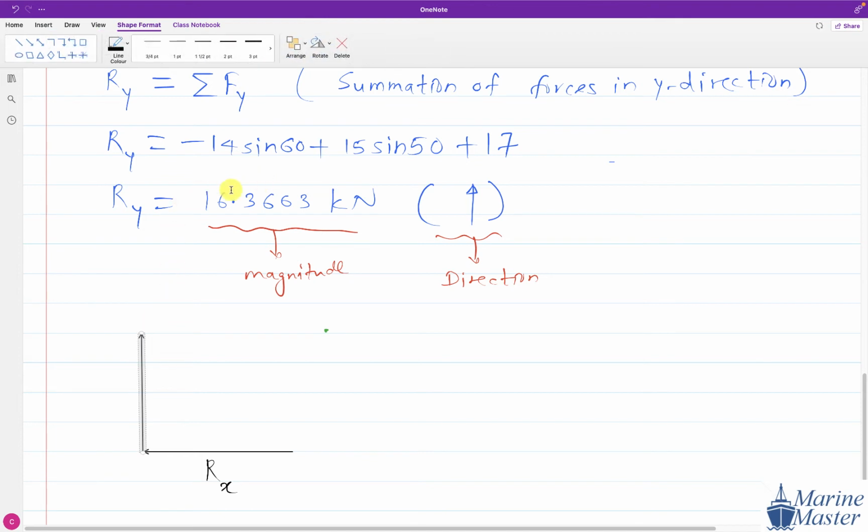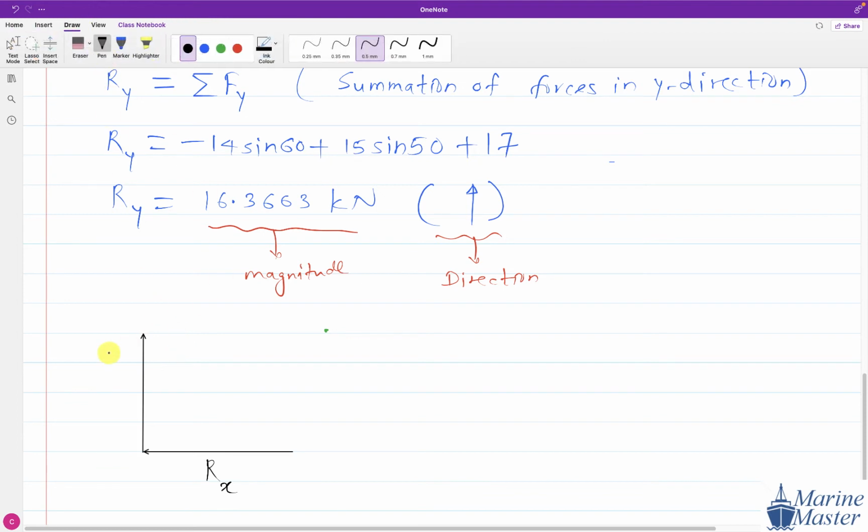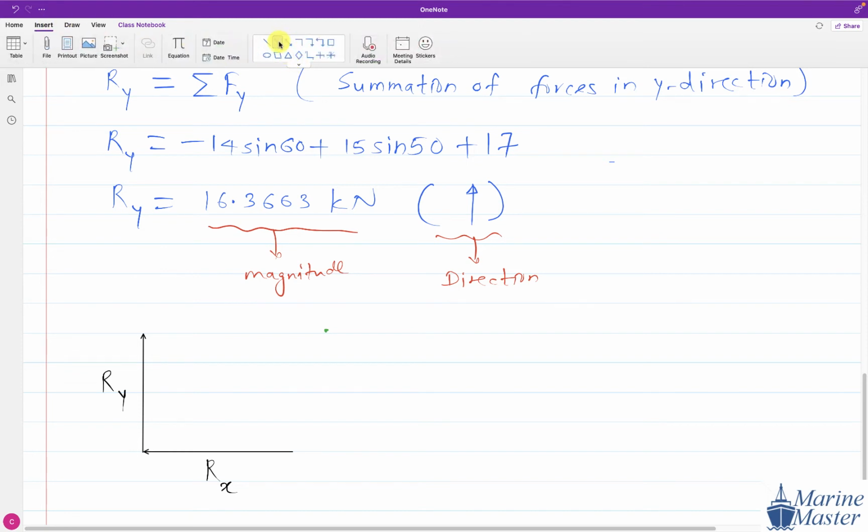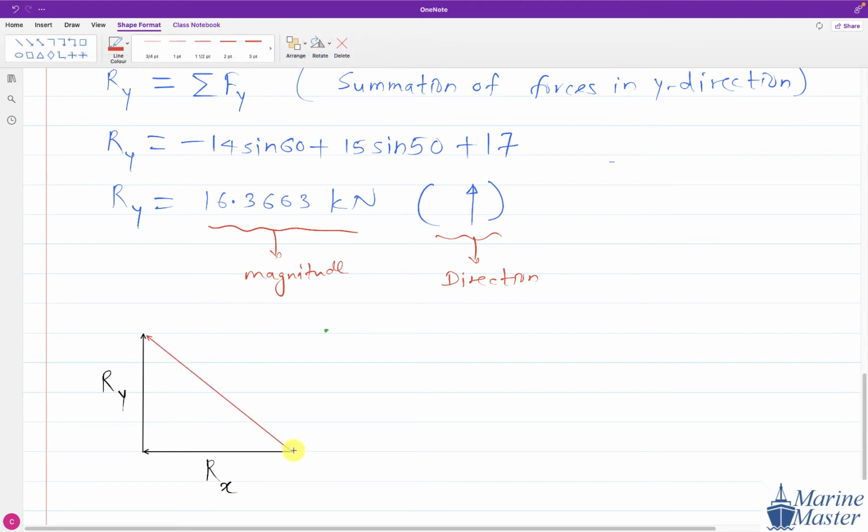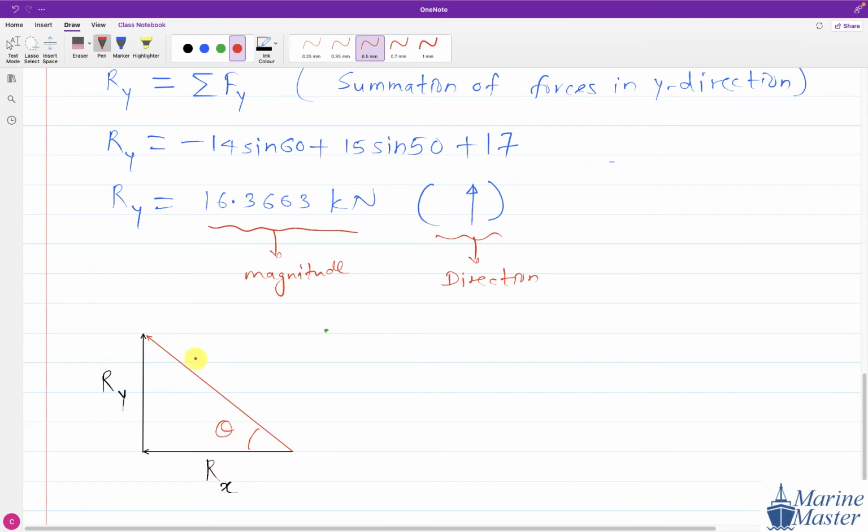Ry will be in the positive y direction, so upward. So Rx, Ry, and the closing side of this triangle will become R. We say this angle is theta. Then R will be equal to what by Pythagoras theorem?